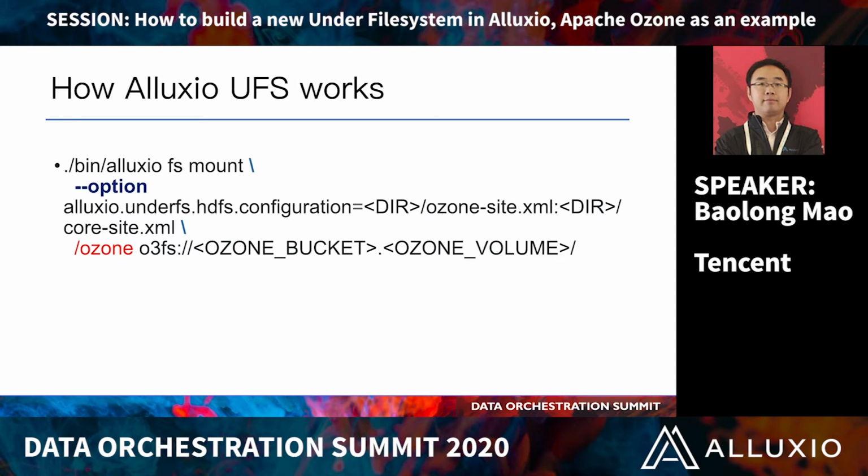As Alluxio accesses Ozone by Ozone file system, which is an implementation of HCFS, we should specify the necessary configuration file which contains the Ozone cluster's address and specify config items.